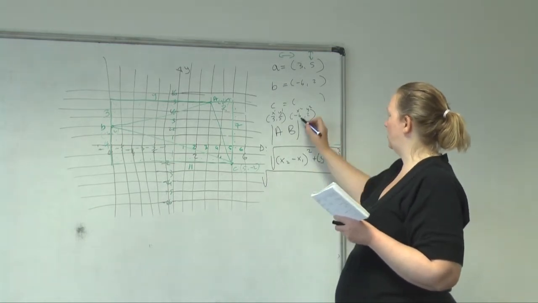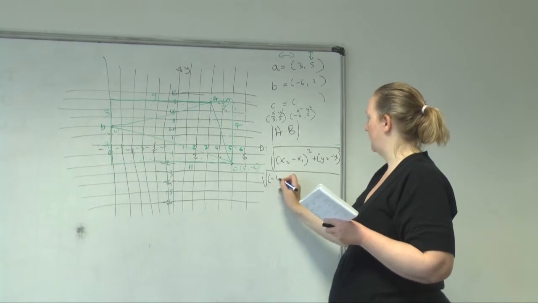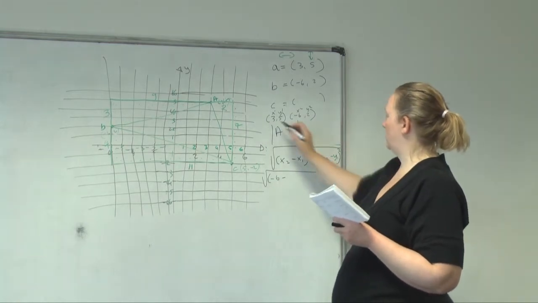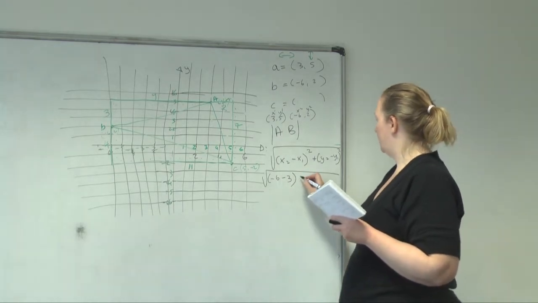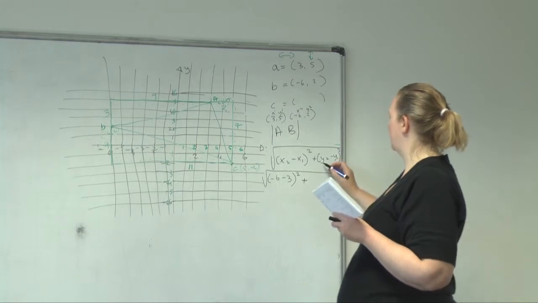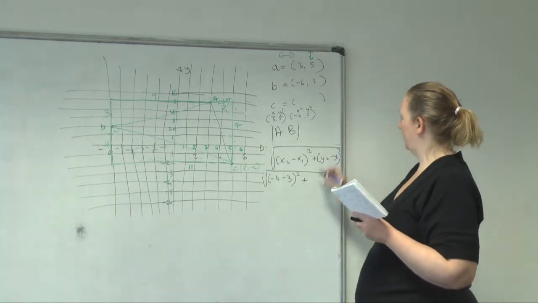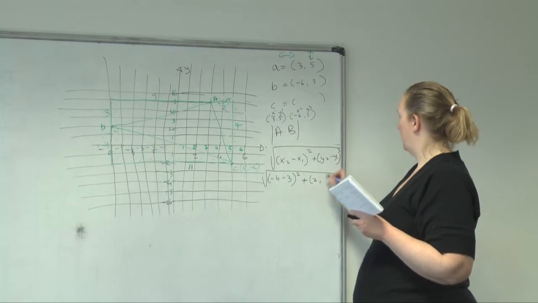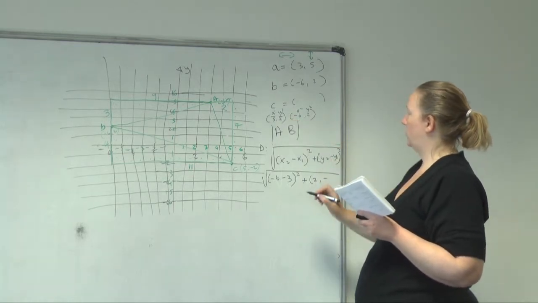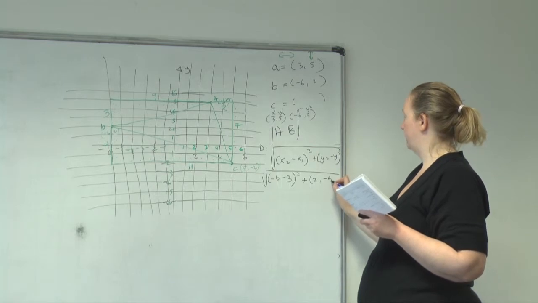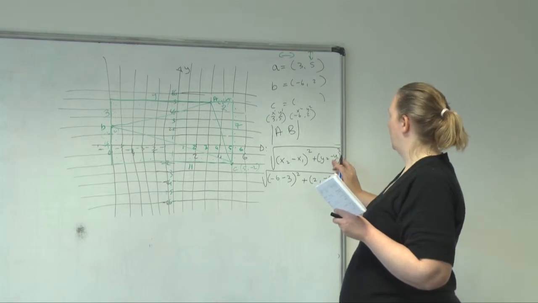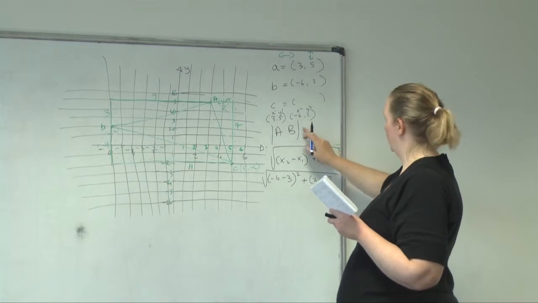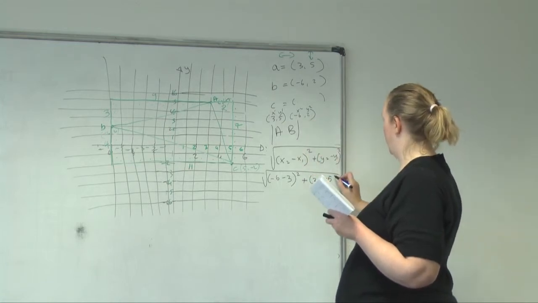So instead of x2, we have minus 6. Minus, instead of x1, we have 3. Plus, to be squared, plus your y2. Instead of your y2, you put in 2. Minus your y1, which is 5. y2 is 2 minus 5.